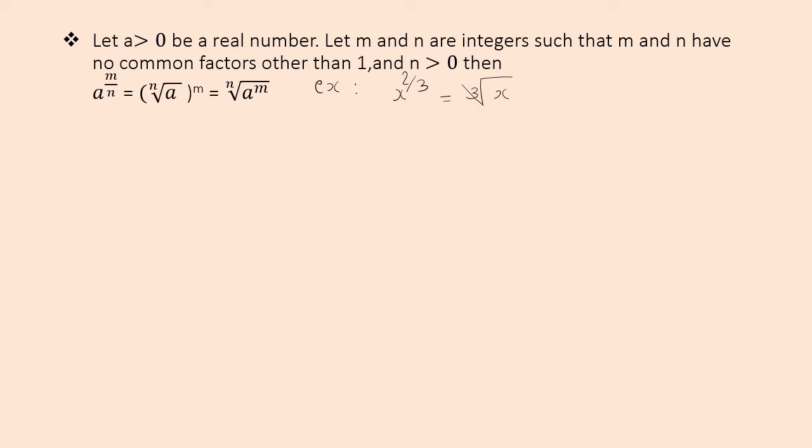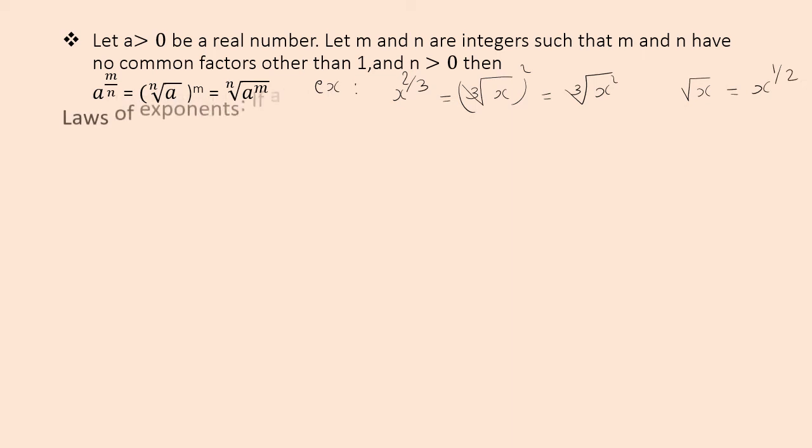Cube root of x whole square, that is cube root of x square. Now, one more thing you have to keep in mind. For example, if it is square root of x, we are not generally writing 2 here. No number means it is square root. This means x has the power 1 upon 2.